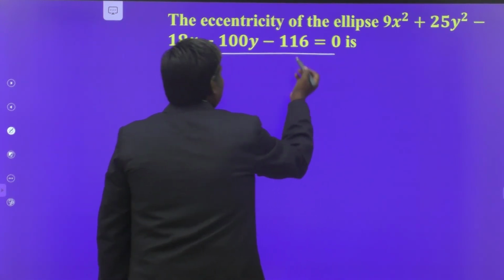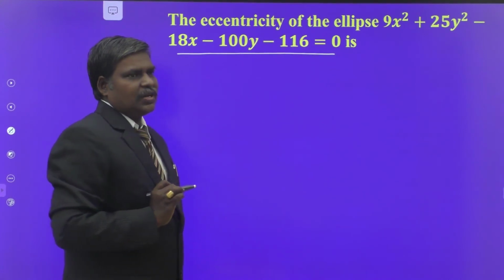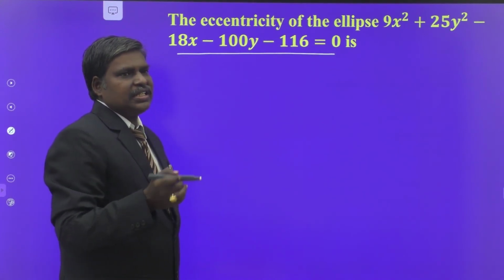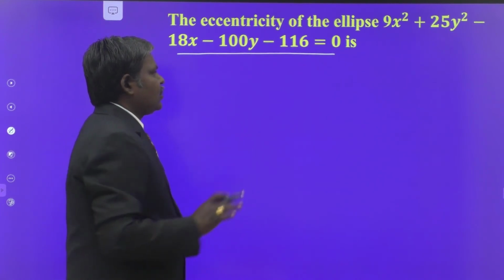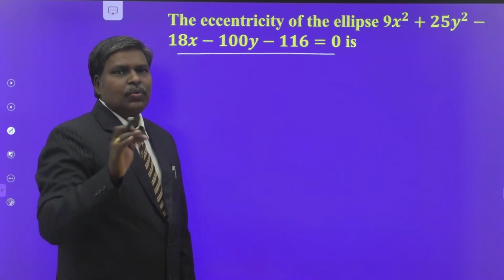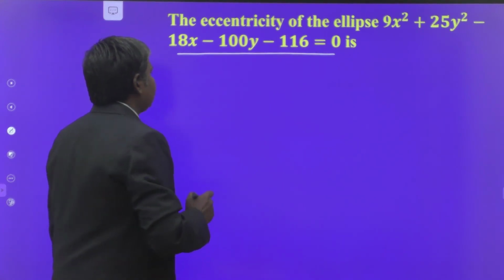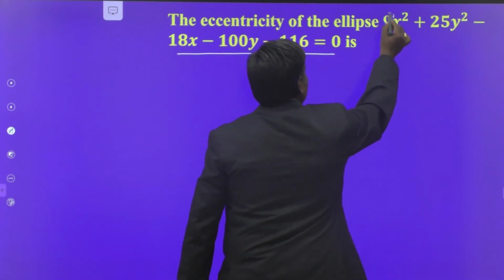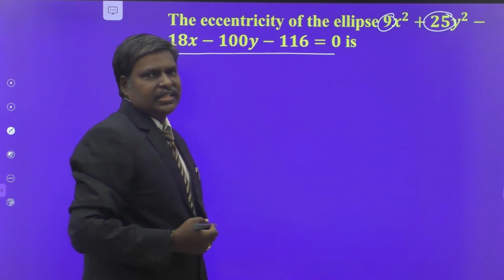If it has an xy term, it is not possible to find the eccentricity easily. But if there is no xy term in your entire equation, by looking at the equation itself, we can write the eccentricity without writing the standard form. Just by taking the coefficients of x square and y square, we can write the eccentricity.